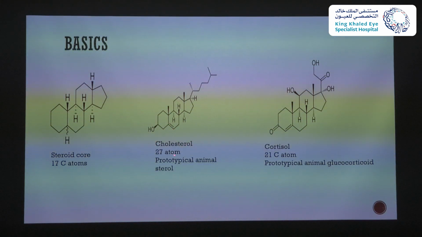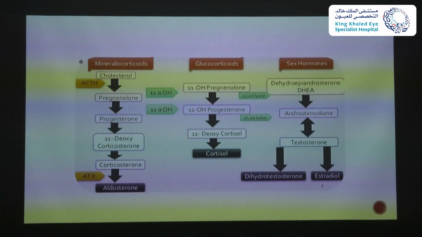cholesterol, which is the prototypic animal steroid, is formed from this main core, and from cholesterol a cascade of reactions and events occur in the body with the final production of different steroids. This is the cascade of reactions that occur in our body.